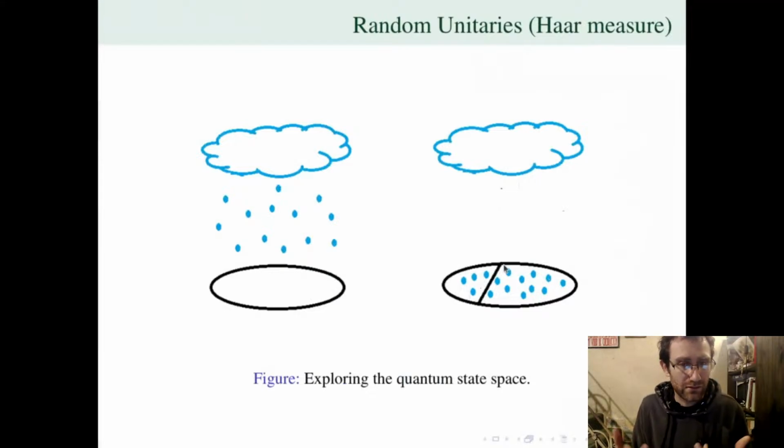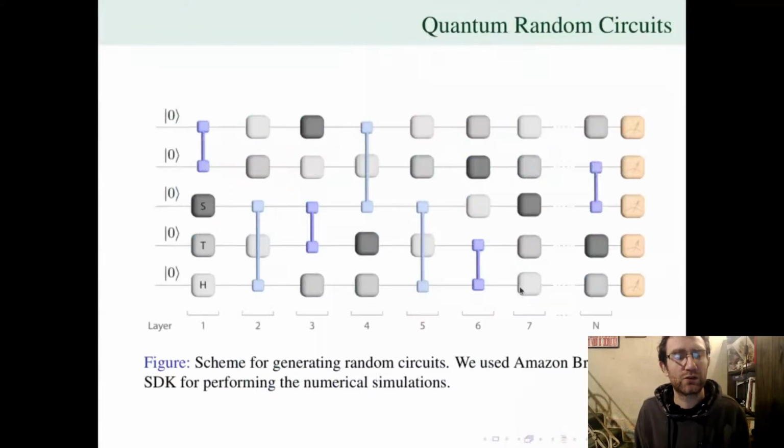For example, if this were just a circle on the floor and these were just rain droplets, you would be able to estimate the relative volume of these two parts just by counting the droplets. So by doing this, you can explore the properties of the quantum state space.